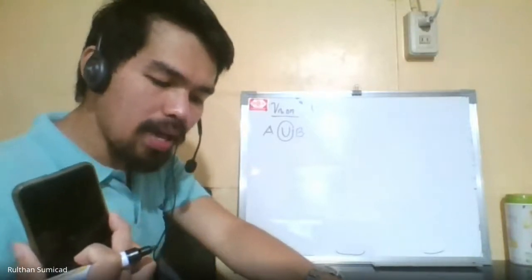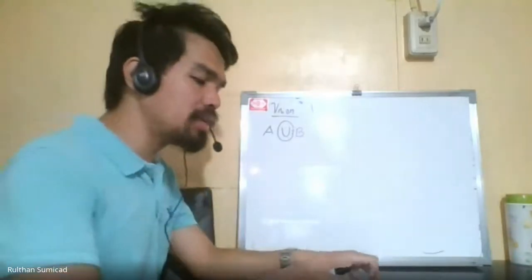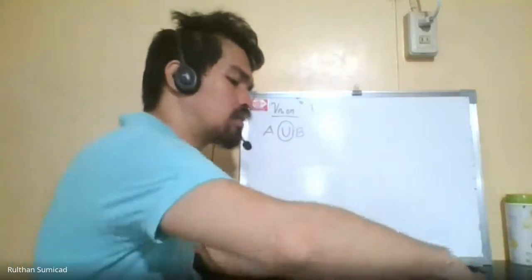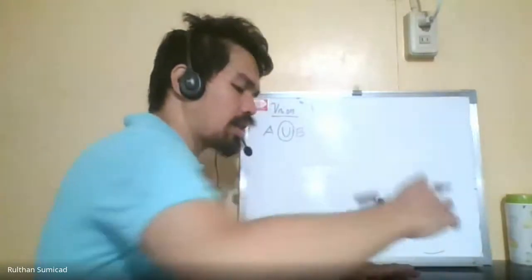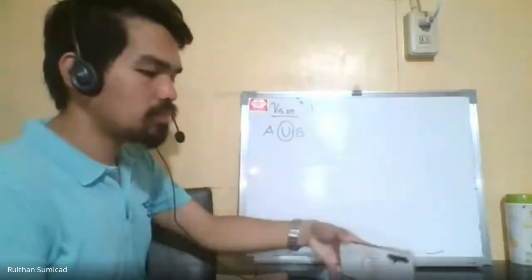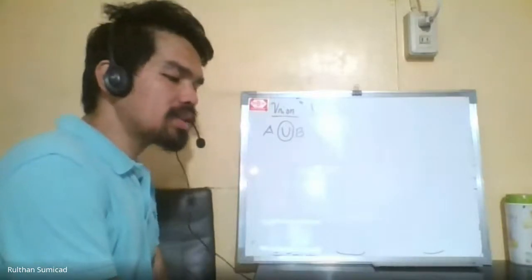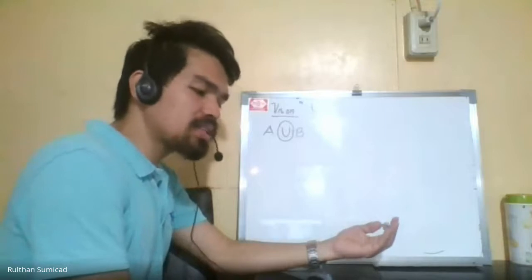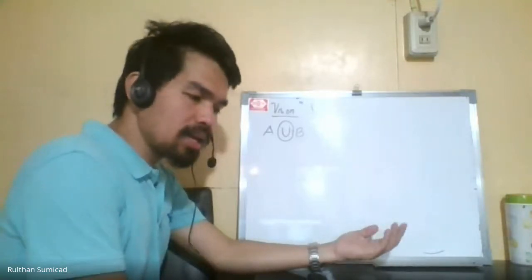The union of A and B, denoted by A union B, is the set of all elements x in the universal set. Remember the universe, such that x is in A or x is in B.